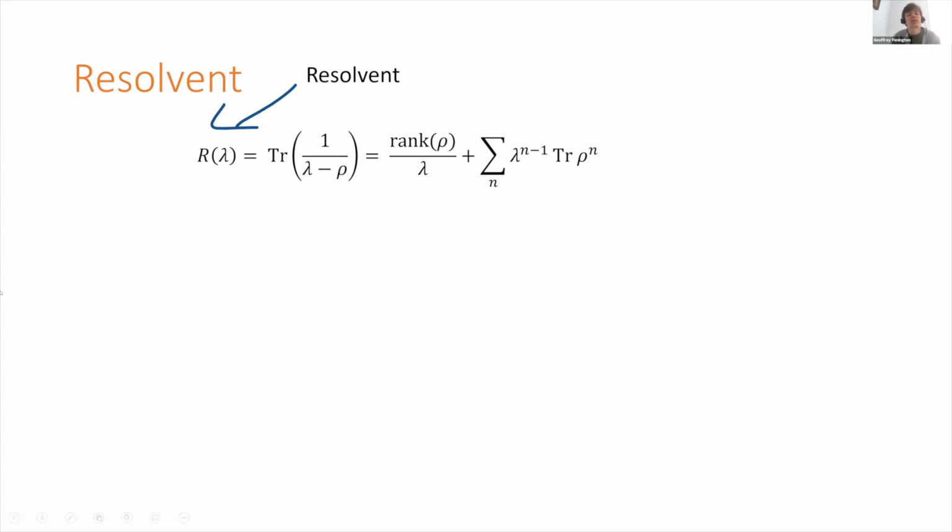The resolvent is just a trace of the inverse of lambda minus rho, where lambda is some complex number. It's easy to see by Taylor expanding this thing that if you know all the values of trace of rho to the n for integer values of n, then you can in principle work out the resolvent. It may be a hard challenge, it may not be possible in practice, but it doesn't involve any analytic continuation.